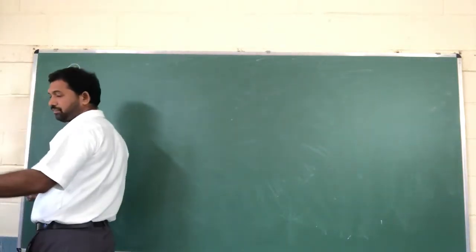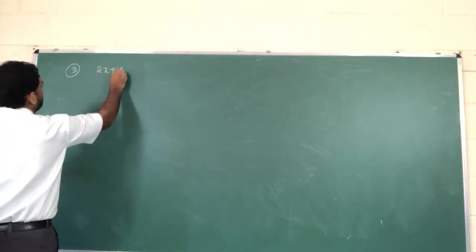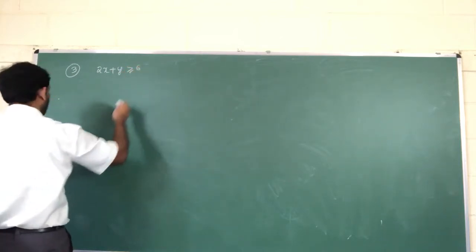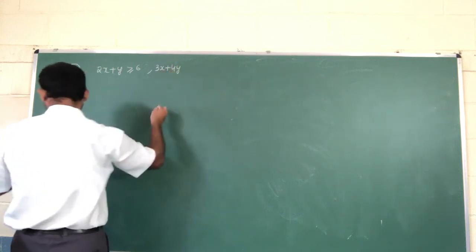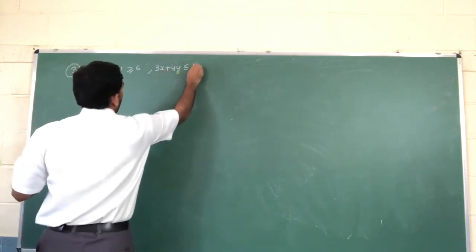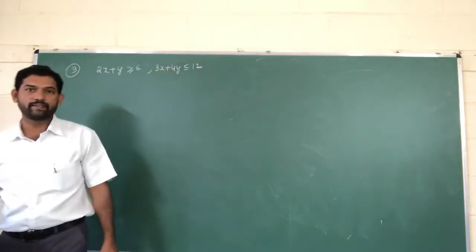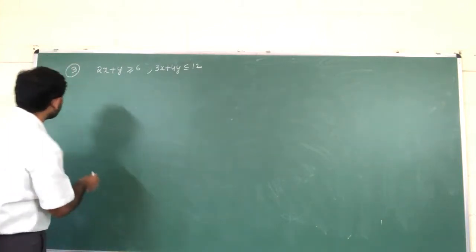Third one. 2x plus y greater than or equal to 6, and 3x plus 4y less than or equal to 12. Here two inequalities are given.